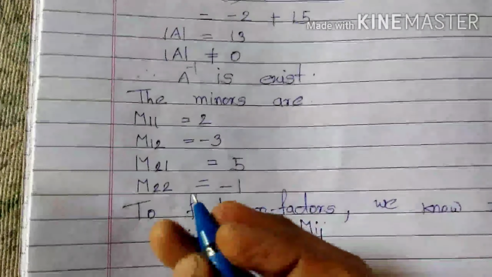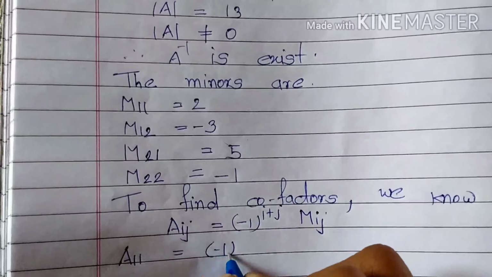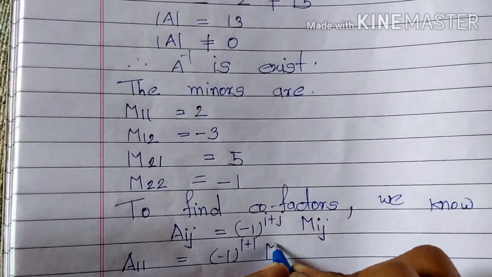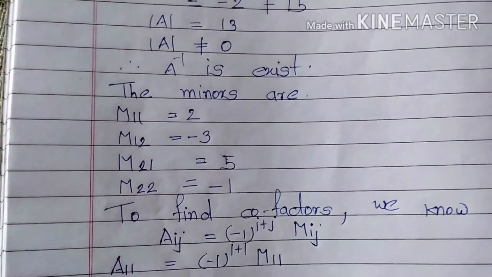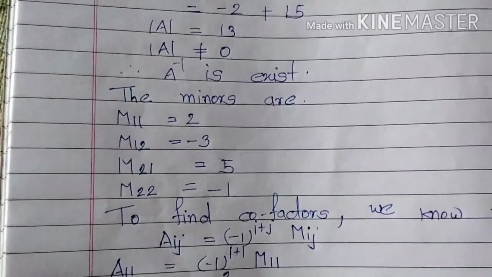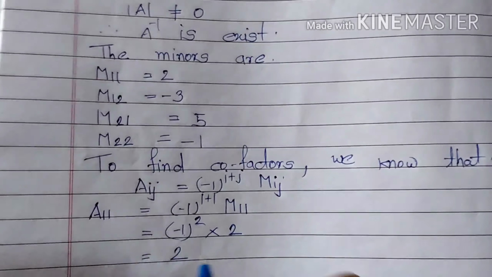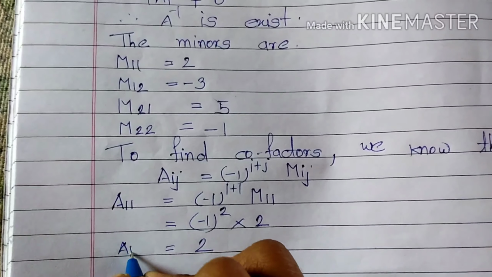Put the values. A11 is -1 raised to 1 plus 1 into M11, M11 is 2, so the answer is 1 into 2 is 2. Next.